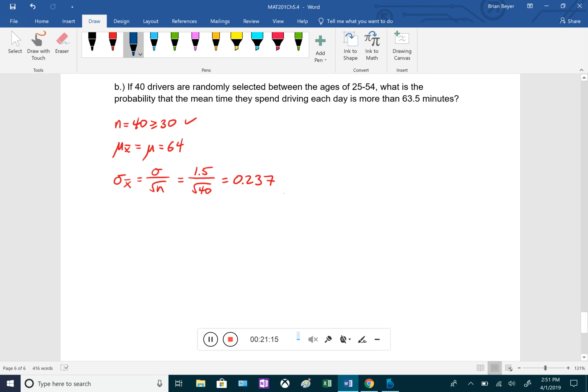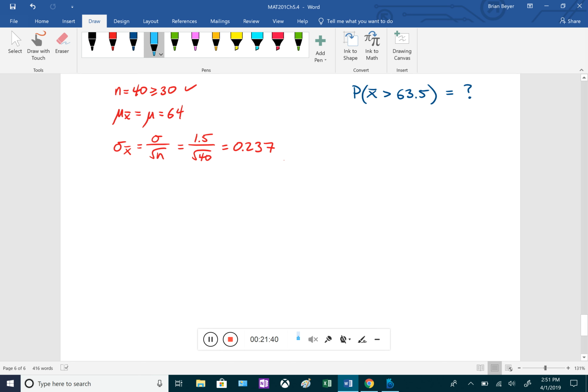Okay, so we are looking for the probability that the average time is more than 63.5. So that's going to be the probability that x bar is greater than 63.5. So that's our whole problem here. So we have to find the z-score for 63.5.